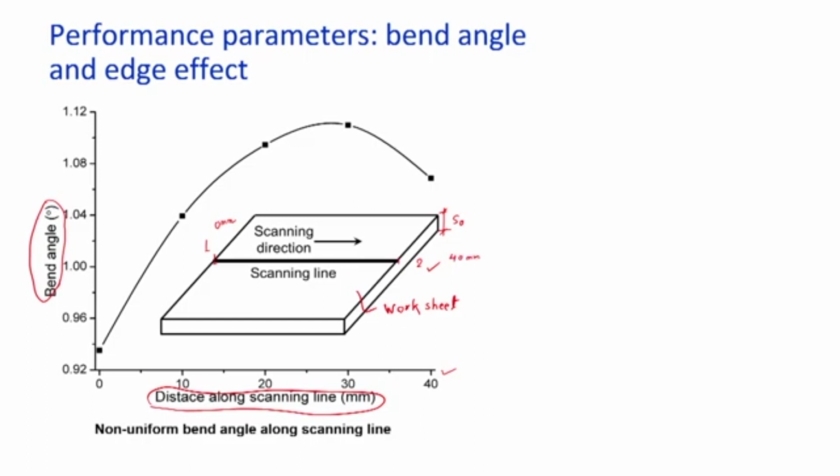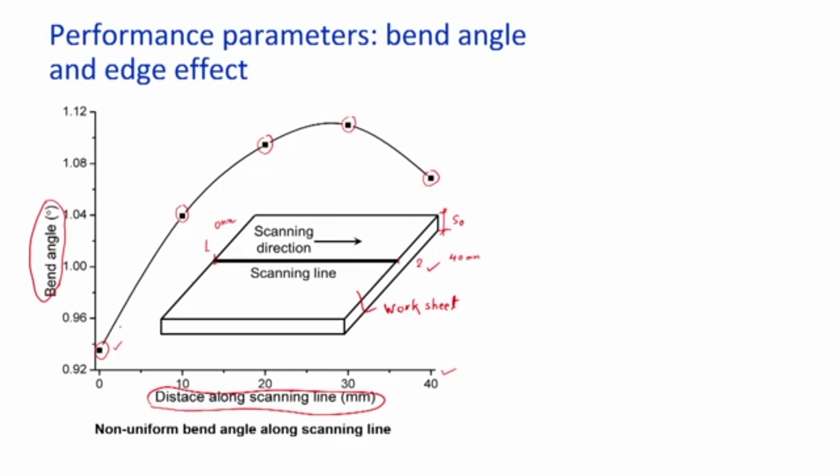So, we notice that at point 1 the bend angle is a little more than 0.92 degrees, it increased up to 1.04, it went to 1.08 and it reached about 1.1, and then it was reduced again to 1.08.